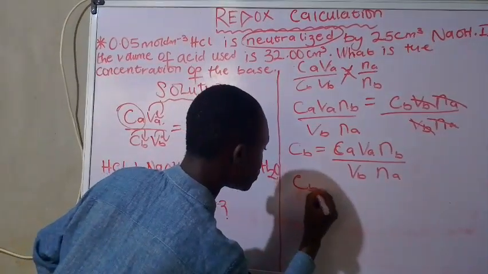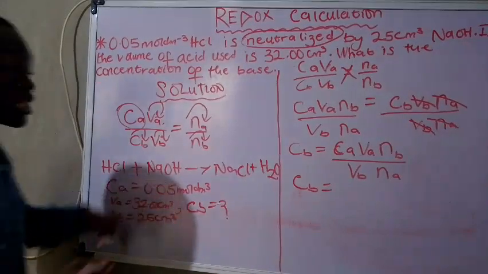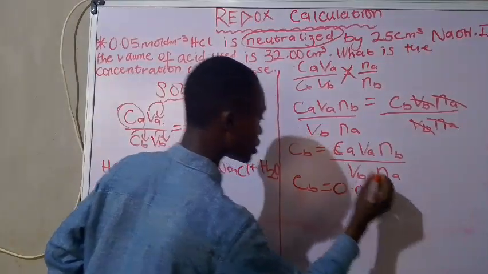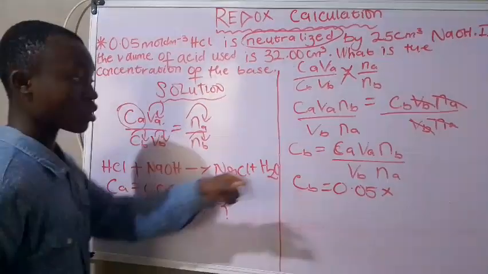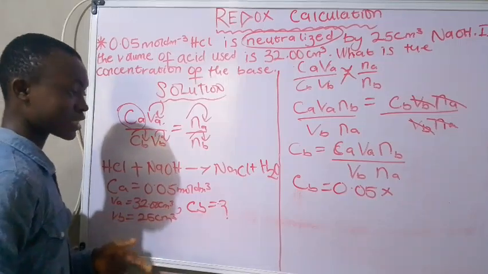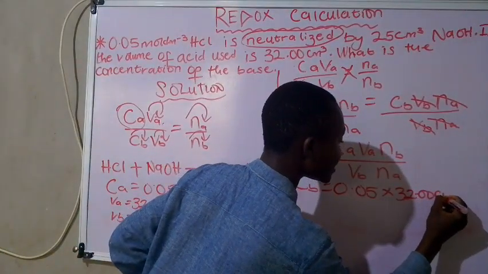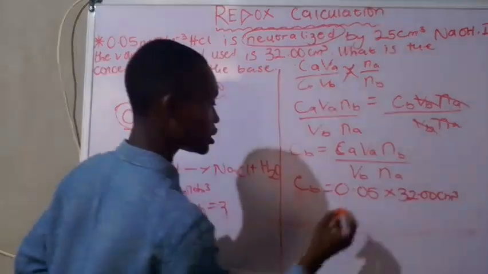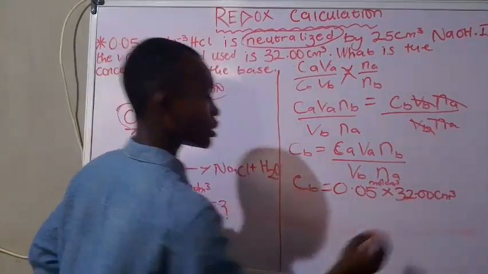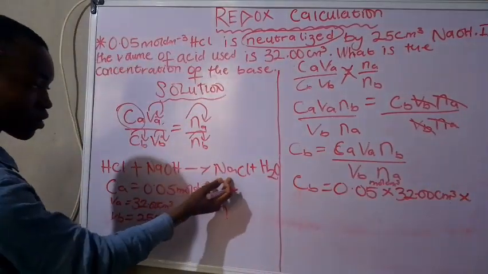Our CB will now be: what is the concentration of the acid? The concentration of the acid is 0.05 times the volume of the acid, which is 32.00 cm³, times the number of moles of the base.